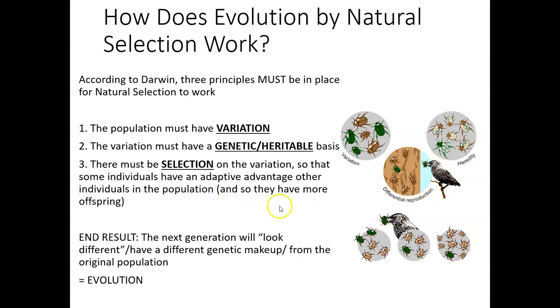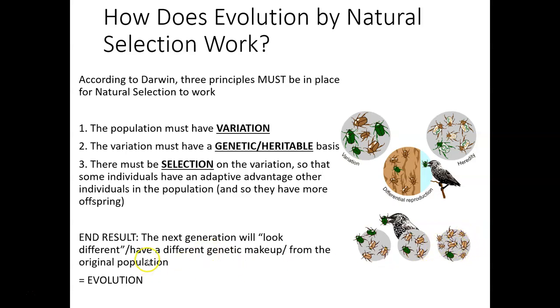So what that results in is that the next generation will look different or have a different genetic makeup from the original population. Here's the original population down here, where there's sort of equal numbers of green and brown beetles. Some of the green ones get eaten at a higher rate than the brown ones do, and so the resulting population looks different from the original population. There are a lot more brown beetles that survived and reproduced than green beetles.